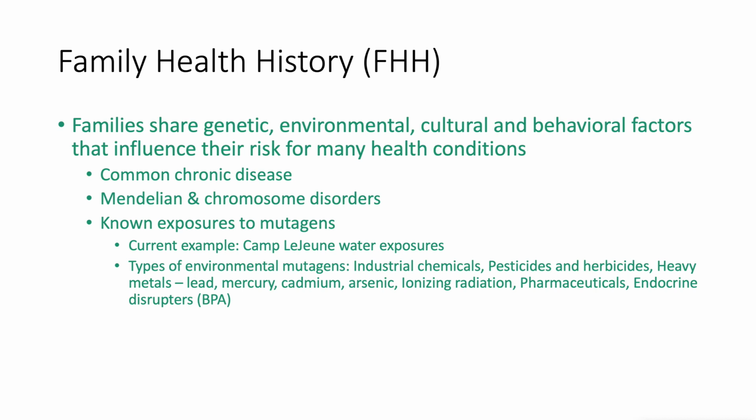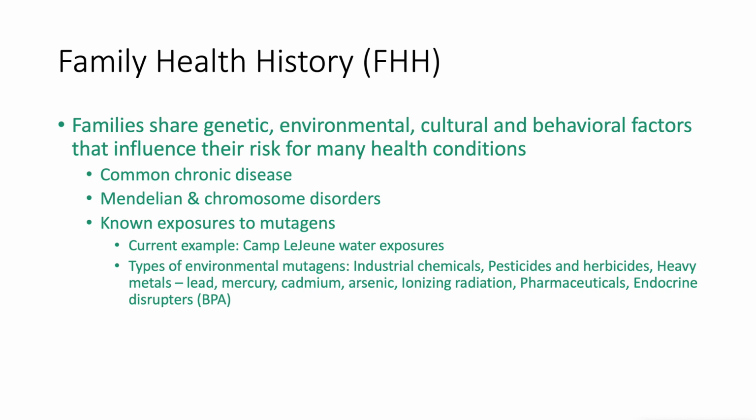It may still be there, but at a period of time, about 40 years ago, the water became contaminated with trichloroethylene, perchloroethylene, benzene, and vinyl chloride. All of these are known to be mutagens. So now we see, not only in the people who were exposed, but now in their progeny and their kids, certain disease patterns that are related to those exposures.